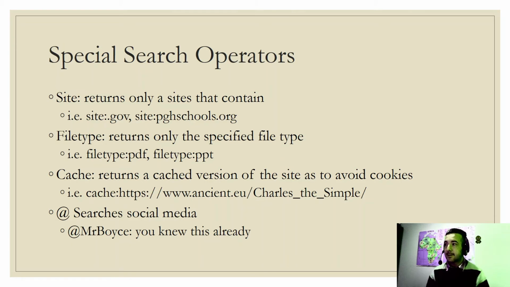If you really want to go crazy into it, you can go to site: pghschools.org. That will only give you sites in the domain pghschools, because really what you're doing here is limiting down to a domain of a site.